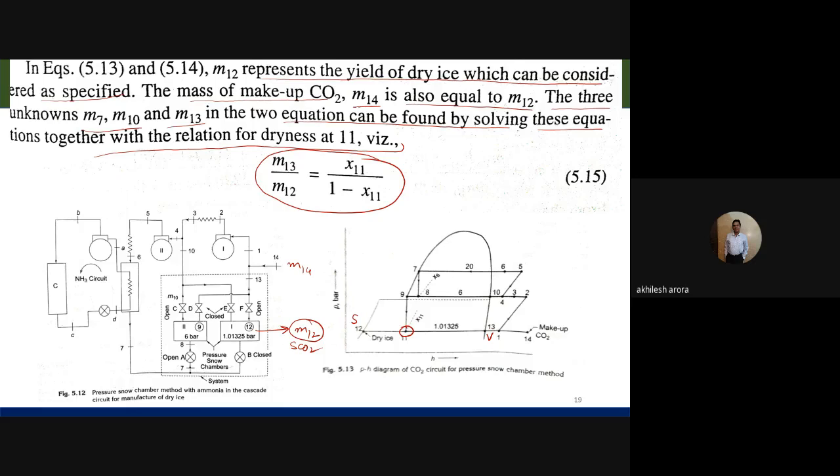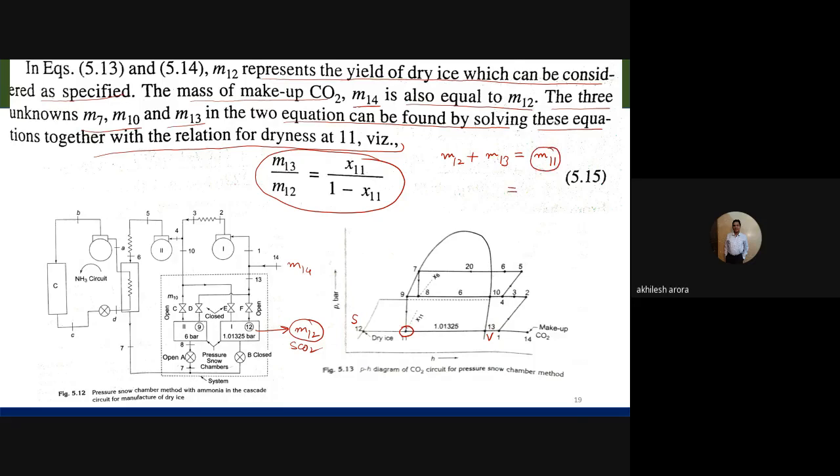So I can always say that I can write M12 plus M13 should be equal to M11. Now, what does M11 comprise of?